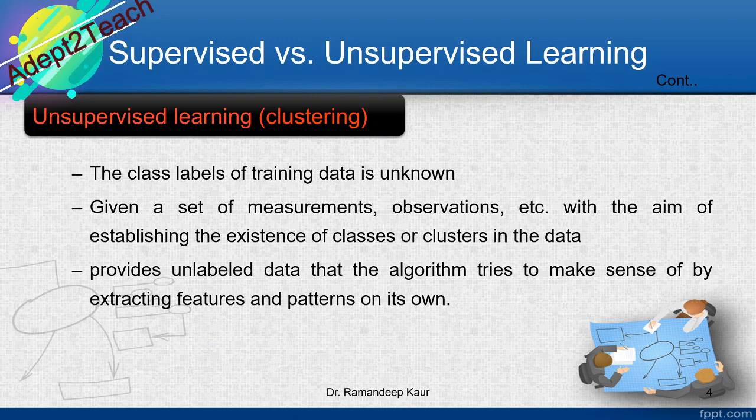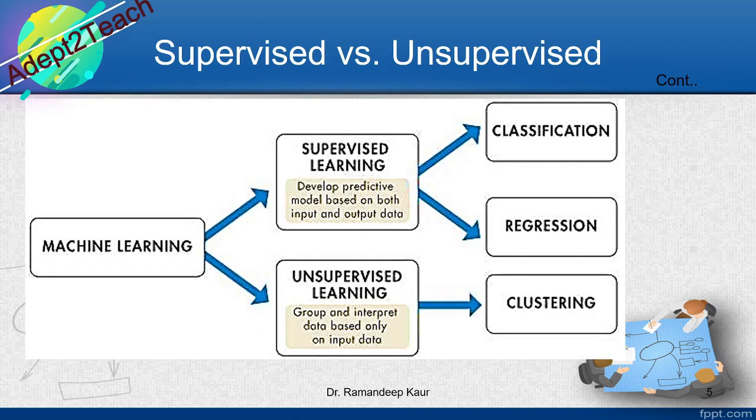Based on that data, groups are made on the basis of similarity index, and then if new data comes up, if that new data matches any cluster, it will be placed in that cluster, else it will be a part of another cluster. This is how the unsupervised learning goes on.